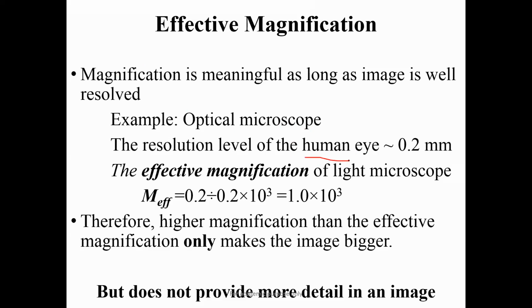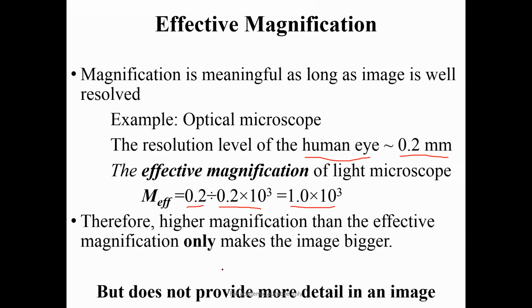The human eye is an instrument which can see objects up to 0.2 mm. So the effective magnification of optical microscopy is defined by the resolution of the eye divided by the resolution of the microscope. So effective magnification is defined by this number.